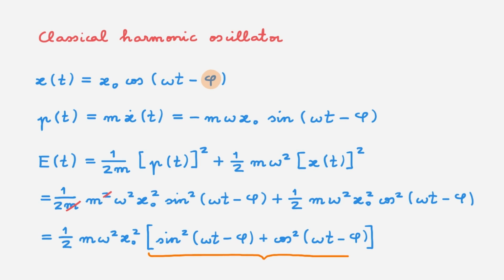This bracket is equal to 1, and the whole expression simplifies to this constant factor. Therefore, although the values of the kinetic and potential energies change over time, the sum stays constant. And these three quantities here fully characterize the classical harmonic oscillator.